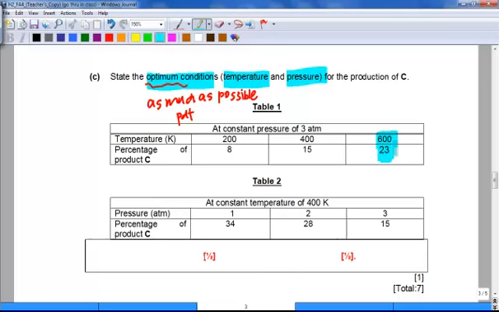For pressure, the highest amount of product C will be at 34% and it is at 1 atm, which means low pressure. So over here, your answer is simply low pressure 1 atm and high temperature 600 Kelvin. So with this, we can move on to the next part of the question.